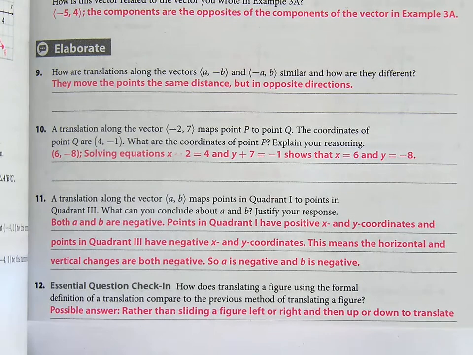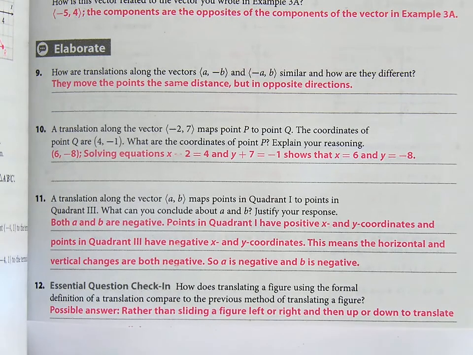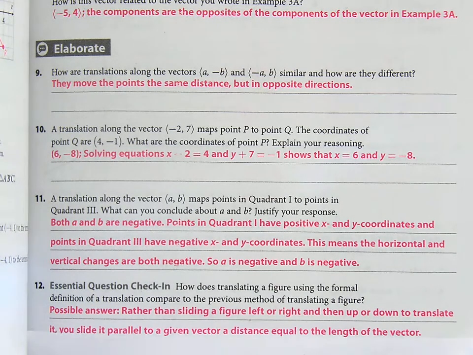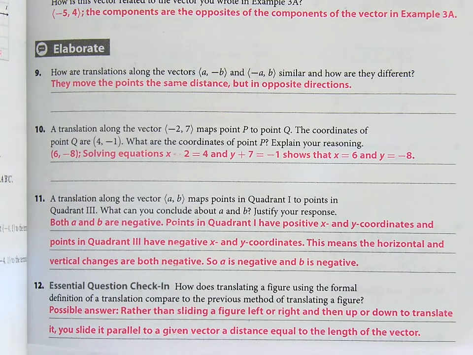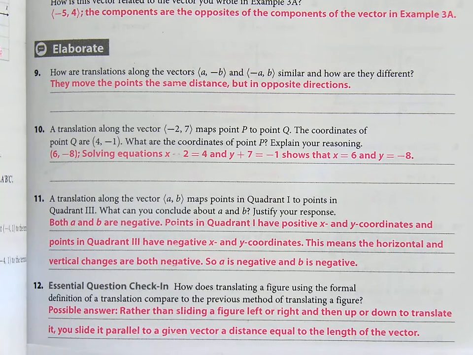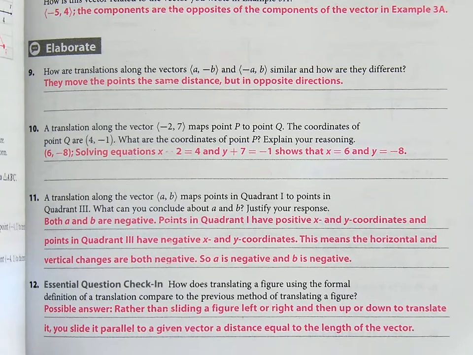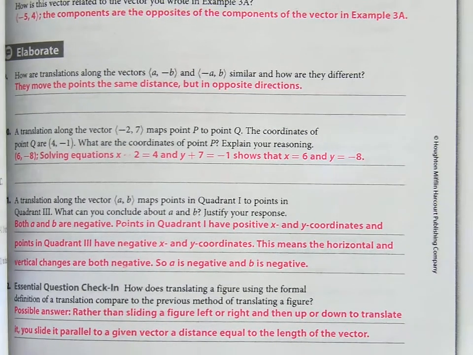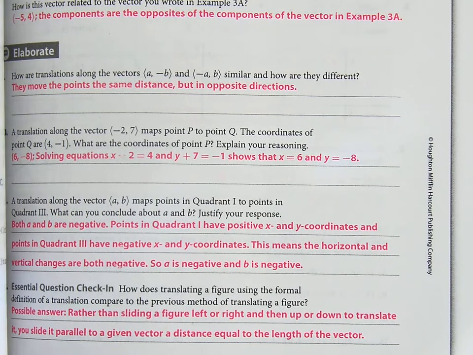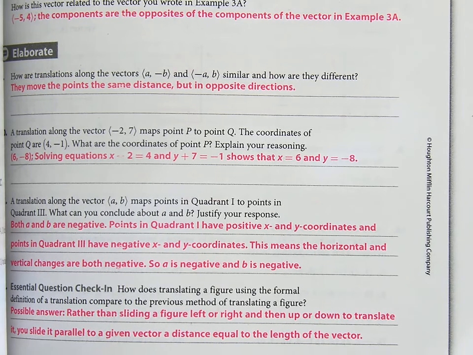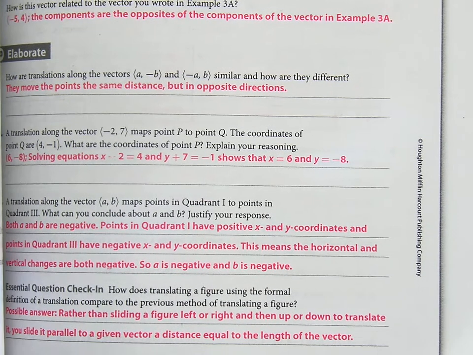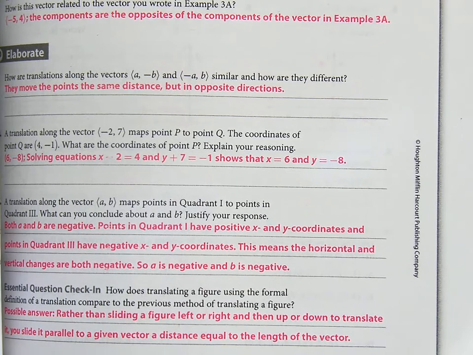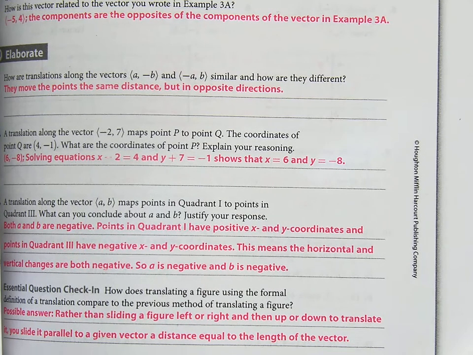Rather than sliding a figure left or right and then up and down to translate, you slide it parallel to a given vector, a distance equal to the length of the vector. So not just doing it randomly, left to right. You're now taking the hypotenuse, basically, and sliding it along the vector's straight line.